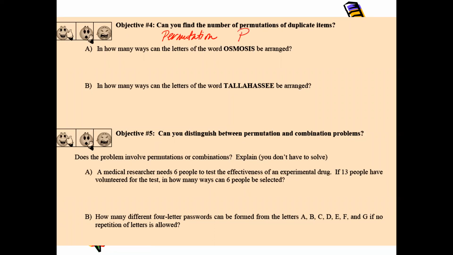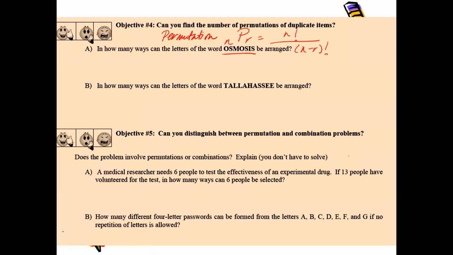A permutation is going to be nPr equals N factorial over N minus R factorial. Now with this one, because it is on letters of a word, this is kind of like Mississippi, okay?